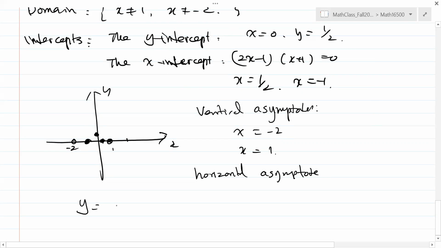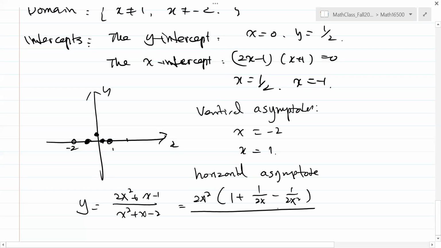This is the function, right? 2x squared plus x minus 1 over x squared plus x minus 2. So when x is sufficiently large, you take 2x squared out of the numerator, and you get 1 plus 1 over 2x minus 1 over 2x squared. And in the denominator you take x squared out, and you get 1 plus 1 over x minus 2 over x squared.